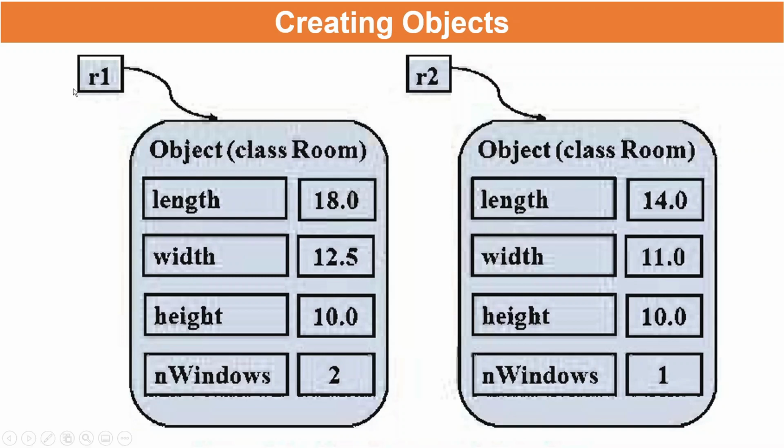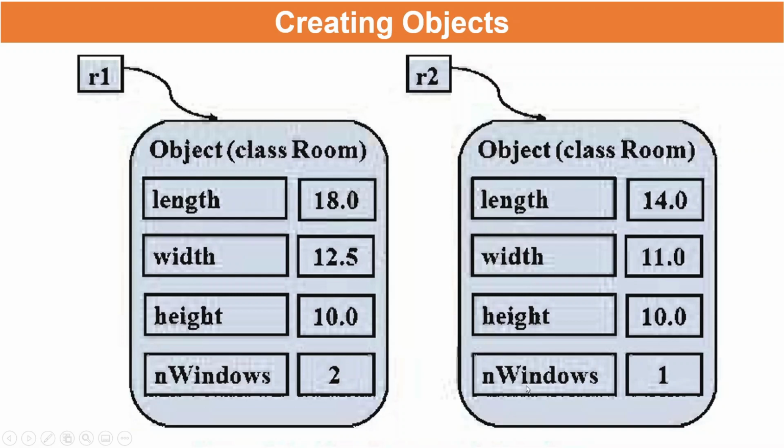So as you can see, when you create multiple objects from the same class, both objects will have the same format, same data fields, everything will be the same, only the values will be different. It is something like I distribute two forms to two students, let's say R1 and R2, where instead of length, width, height and number of windows, I say first name, middle name, last name, birth date.